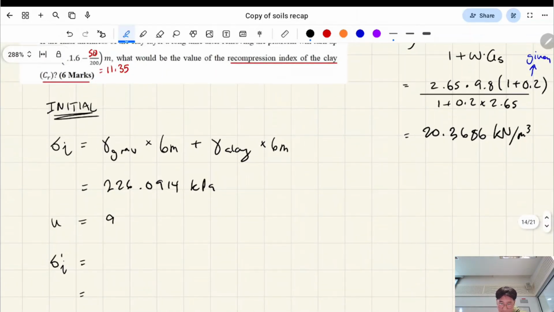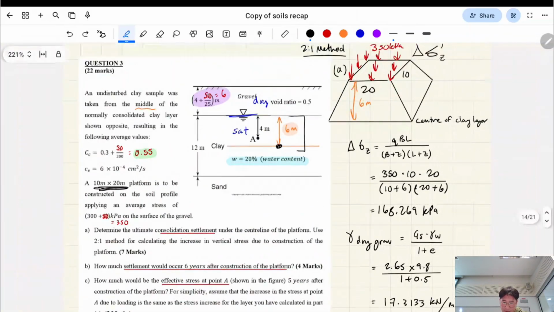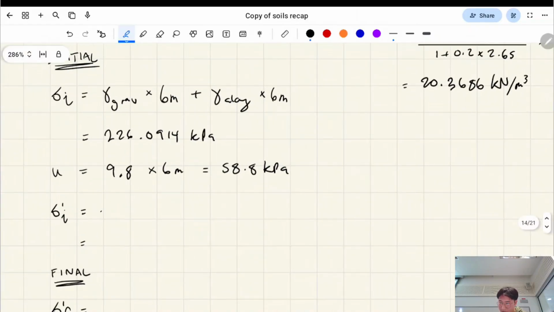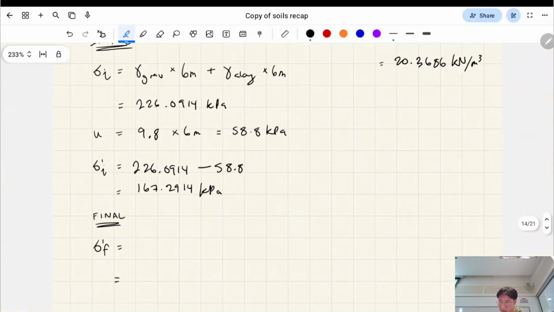Now pore water pressure, this is just because the water table is here, right? So the water table is here, our depth of water is going to be 6 meters as well, right? So remember, to get the effective stress, we just subtract the pore water pressure from the total stress. Great, so we got that.